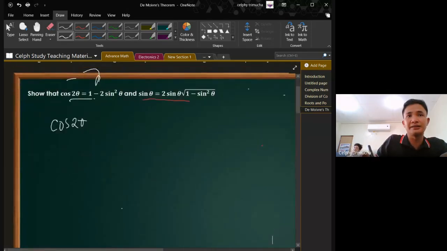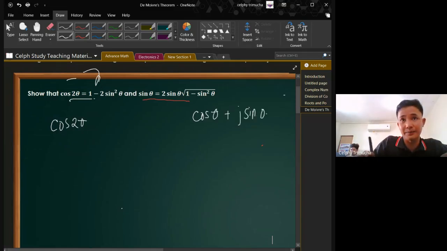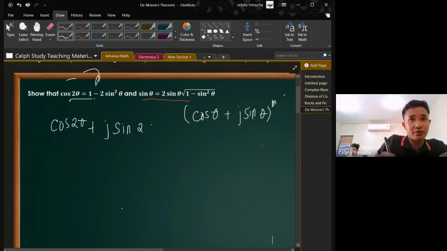So ang gimbutang natin kagina nga cosine theta plus j sine theta. So dapat amo nga form. So let's start lang kita. We have cosine 2 theta plus j sine 2 theta. So, kinanglan naton sang isa ka equation nga may cosine 2 theta.